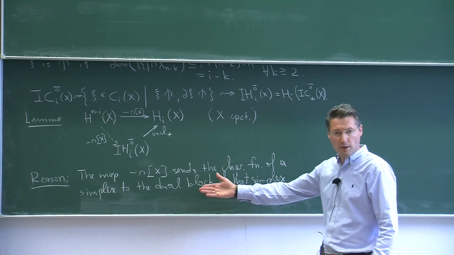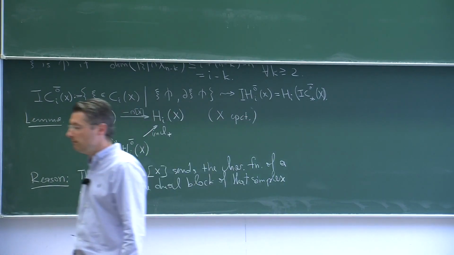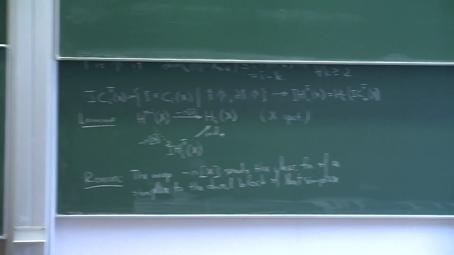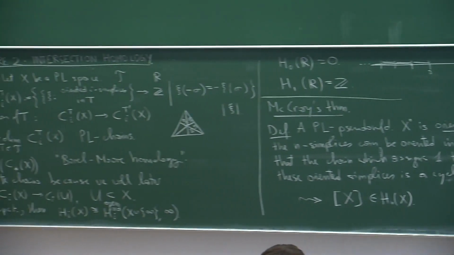Of course, you have to pass to the first barycentric subdivision, but that's all okay because we defined these to be the co-limit over all triangulations. So we can do that.